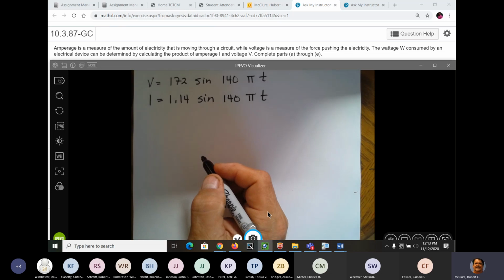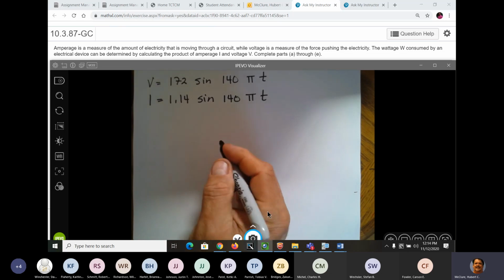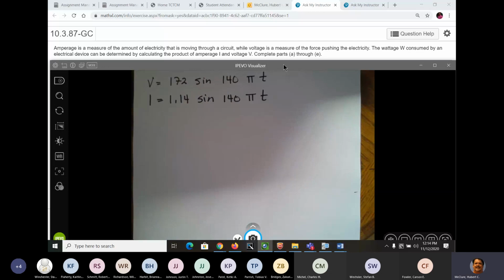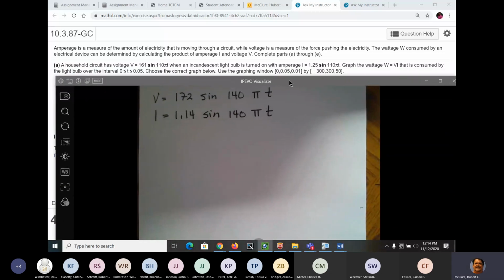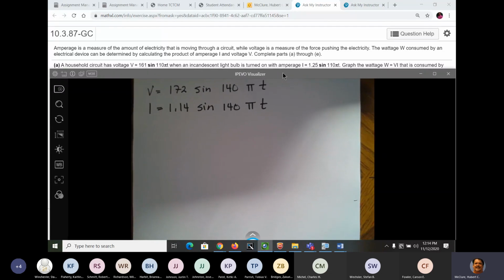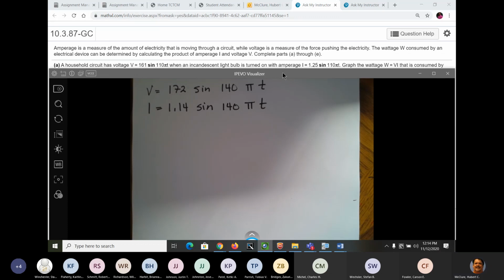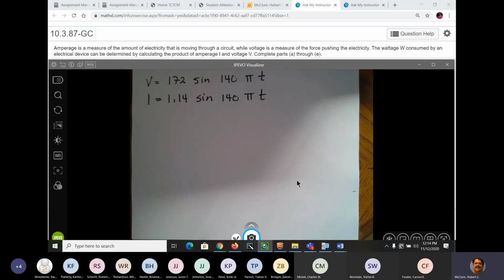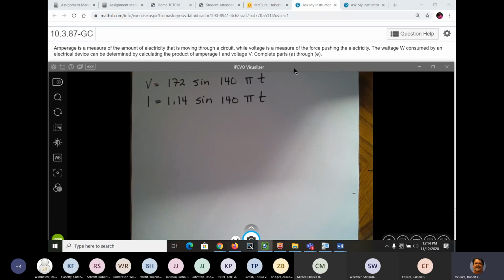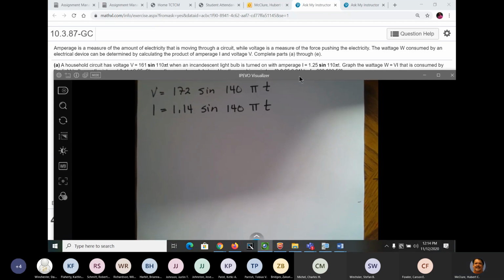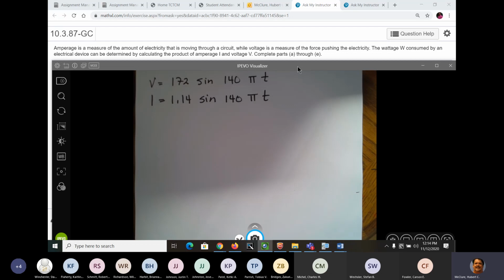Now, I think they tell you in A to graph W is equal to the voltage times the amperage. So, what, I'm sorry. The total wattage is equal to the voltage times the amperage.